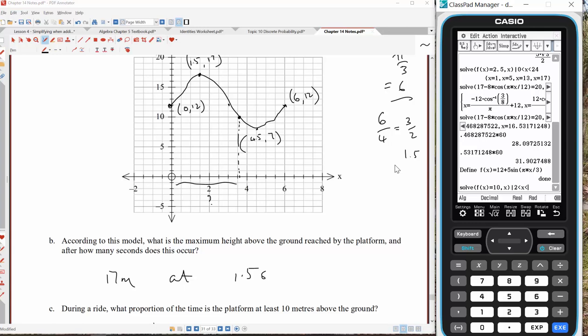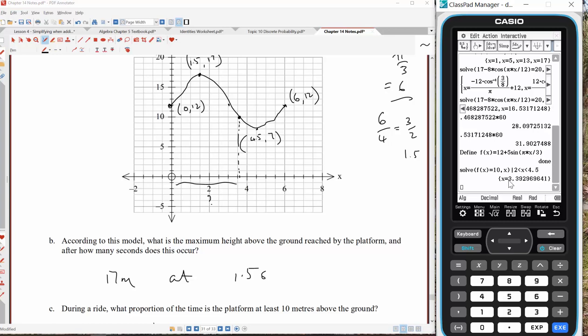No, we'll go 4.5. Okay, and there it is there. All right. Now, why I said 4.5 is that it will dip above 10 at about 6. So if you give it the full domain of 6, you're going to get a second solution in, and we don't want that solution. In fact, do we?